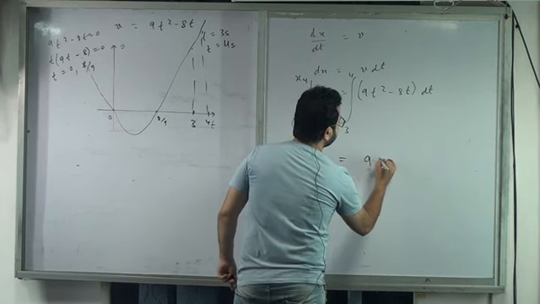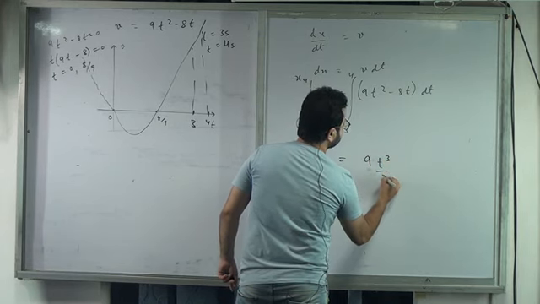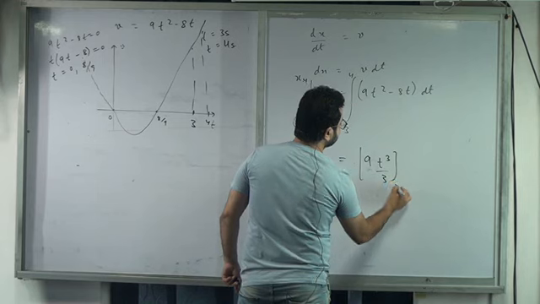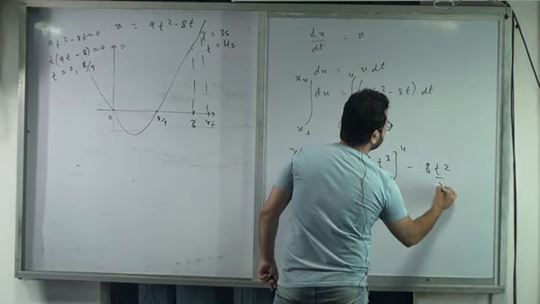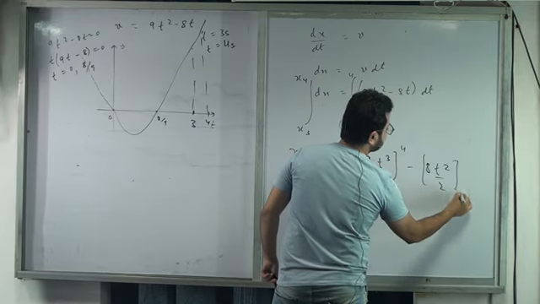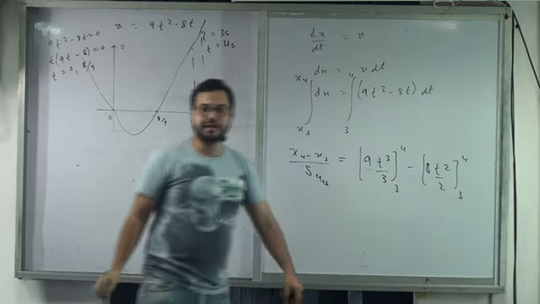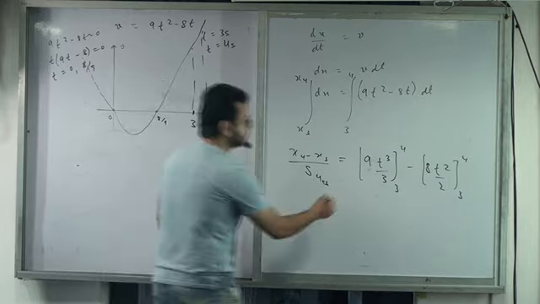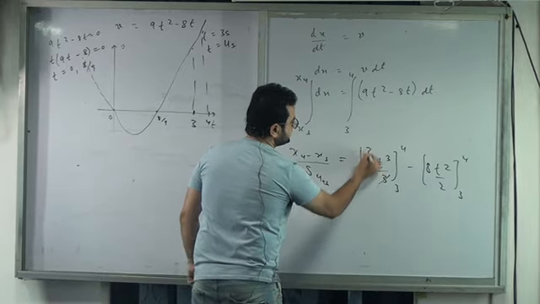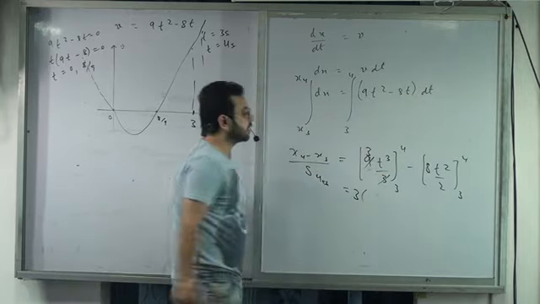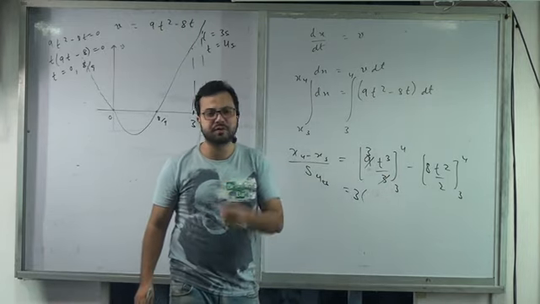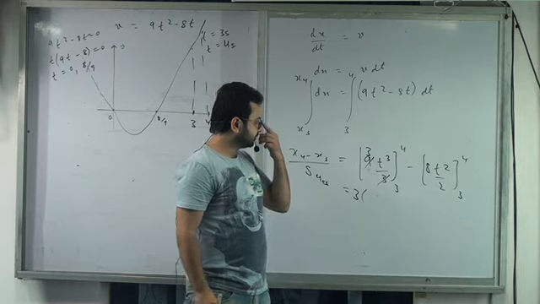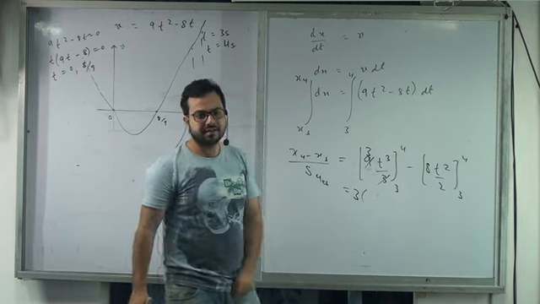Integrate this. What do you get? So this will be 9 into t cube by 3, with the limits 3 to 4, minus 8 into t square by 2, with the limits 3 to 4. Is that right? So 3 is a constant, you can take it out. So this will be 4 cube. 4 cube means 64.